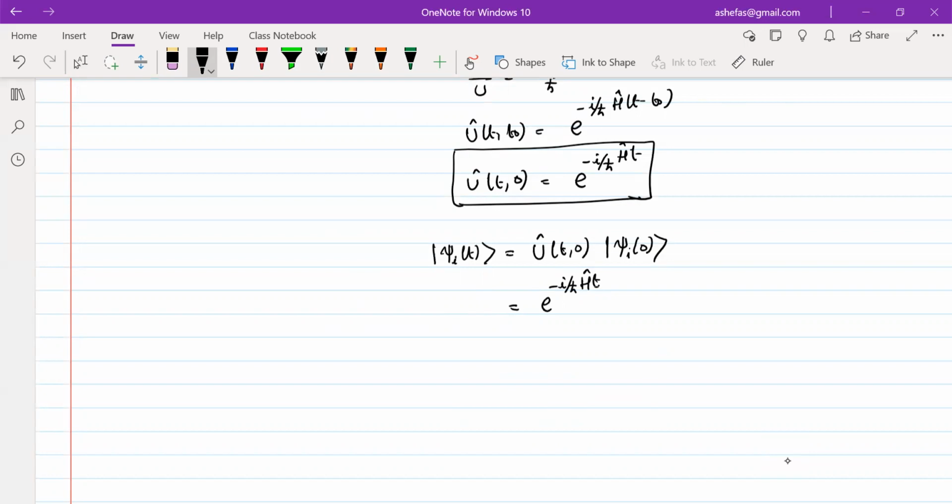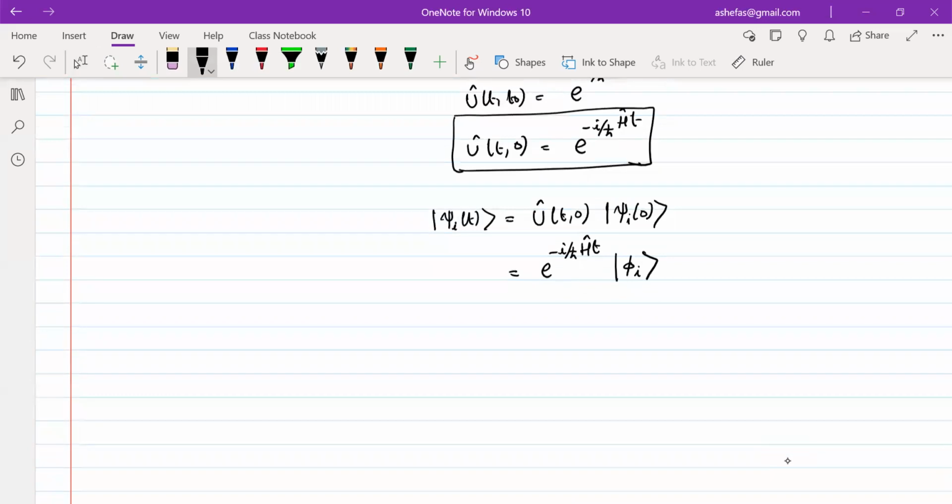And ψ_i(0) is nothing but ket φ_i. So e raised to minus i/ħ H t acts on ket φ_i. The exponential I can write as 1 minus (i/ħ) H t plus (−i/ħ)² over 2 factorial H² t² plus, etc.